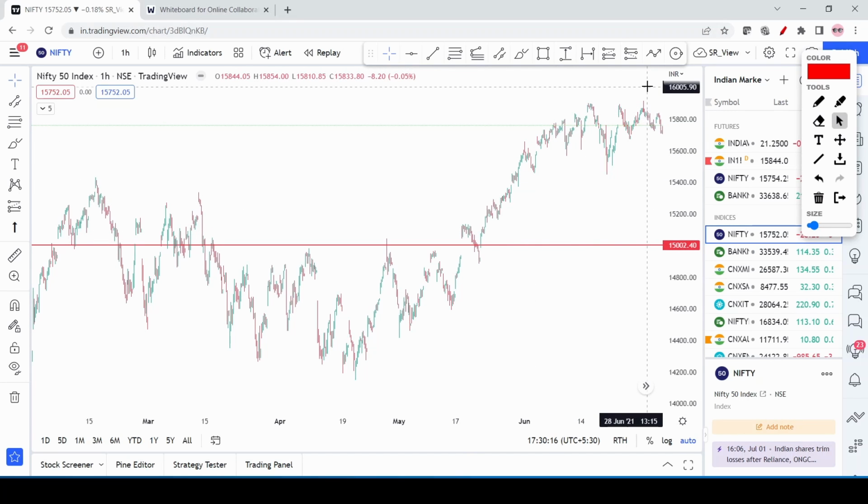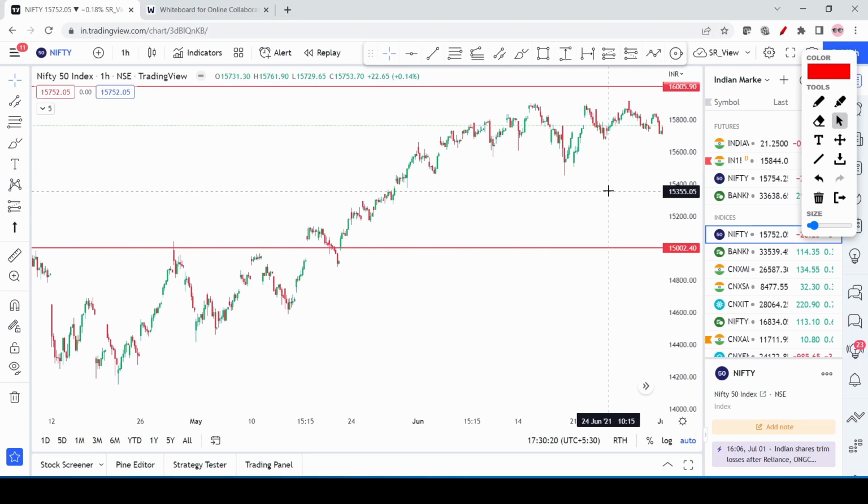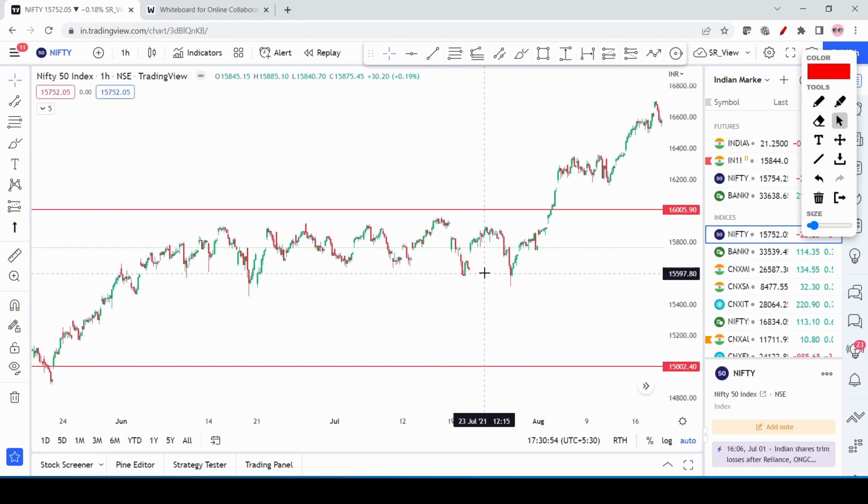Let's see how many times we saw resistance near 16,000. So in this case, not exactly 16,000, but almost 15,950, 15,930. That is the range where it started facing resistance, and not once, but 1, 2, 3, 4, 5, 6, almost 6, 7 times it was facing resistance, and it had a very good consolidation.